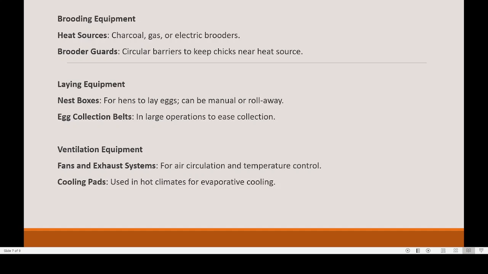See here also. So when a chicken lays an egg, the egg falls onto a tray. See here. So it is a completely automatic system. From the tray it goes to, see here also, this is how the eggs are collected when they are laid.